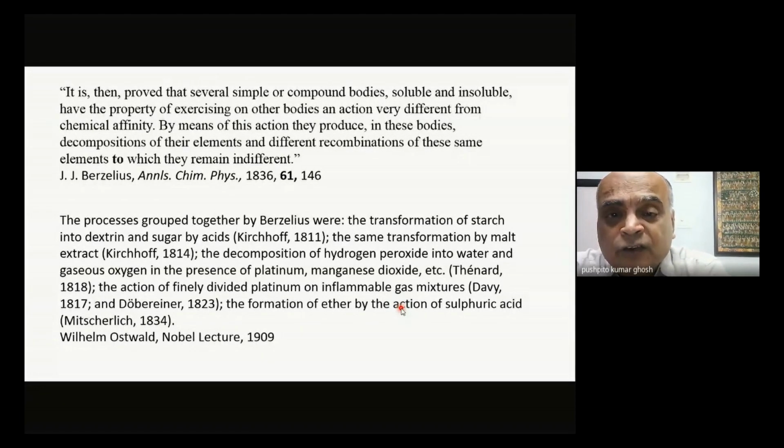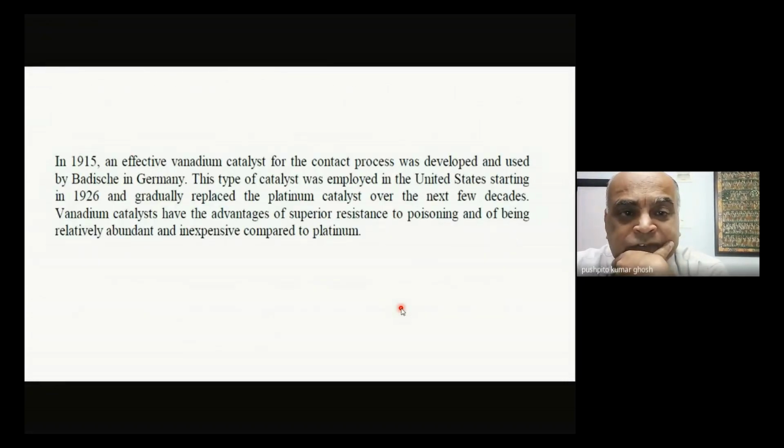And so this was the first articulation of catalysis based on all the great stuff which had been done by great minds before that. Now let us see, we are moving from the platinum based contact catalyst to the vanadium pentoxide based catalyst.